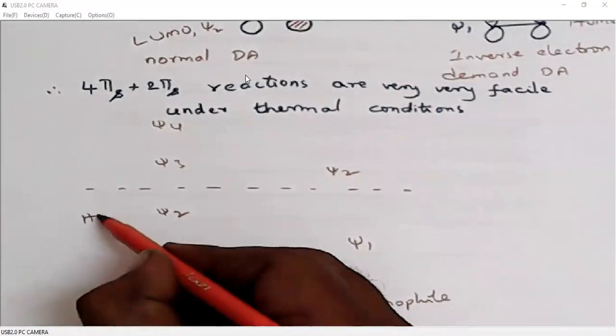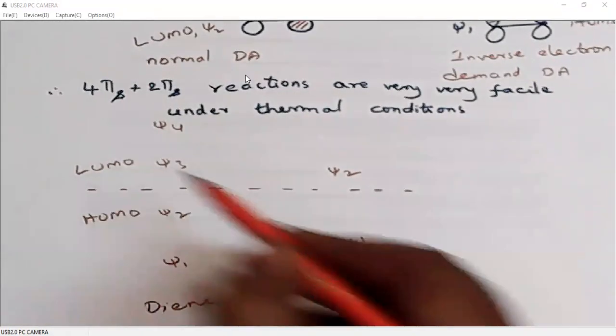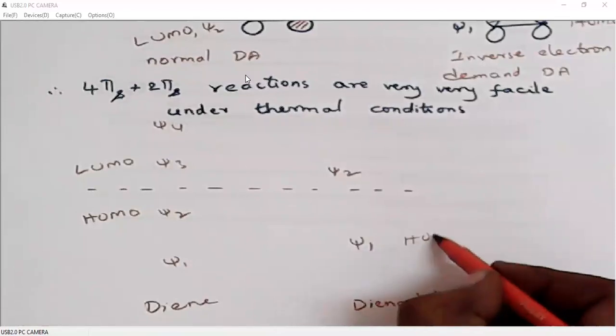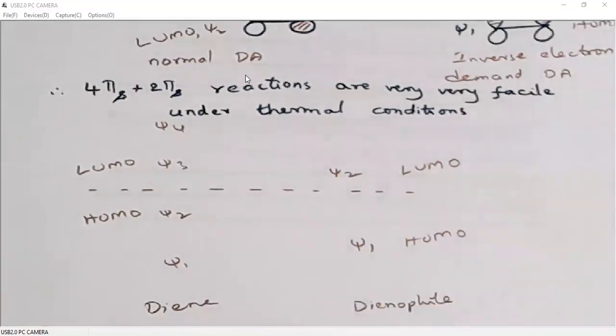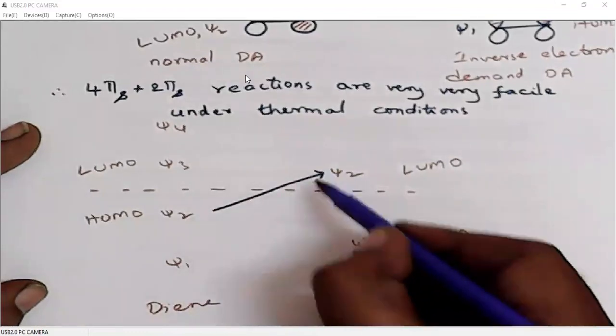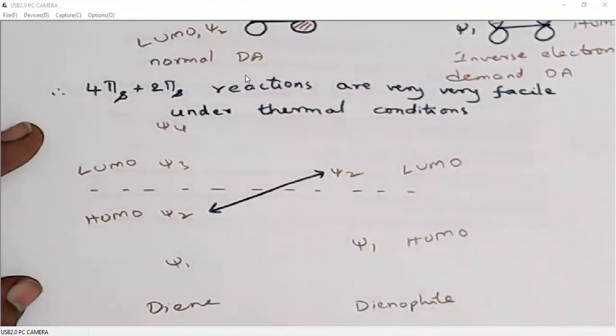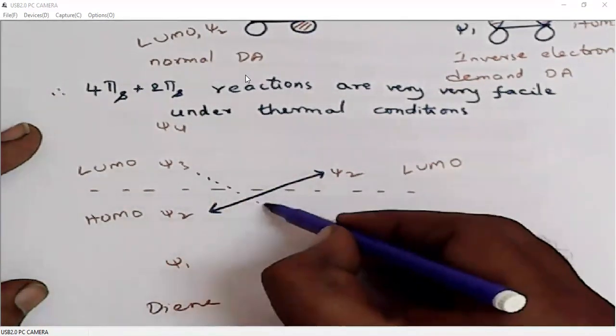In the case of the diene, this is HOMO, this is LUMO. In the case of the dienophile, this is HOMO, this is LUMO. Now we will compare the energy differences between the HOMO of the diene and the LUMO of the dienophile. This energy difference is small compared to the other energy difference.